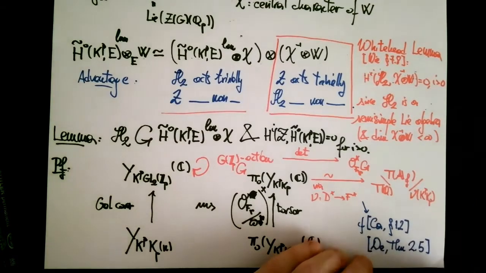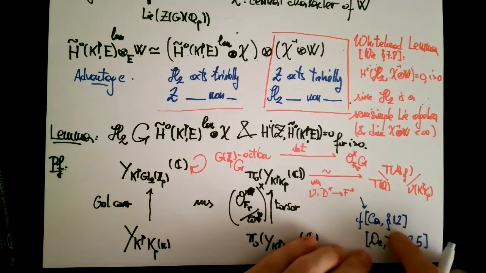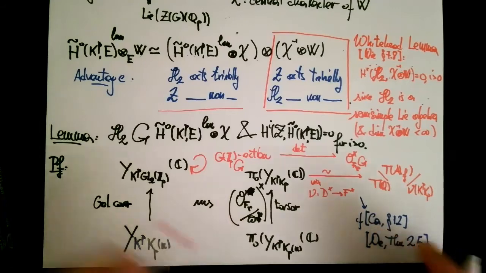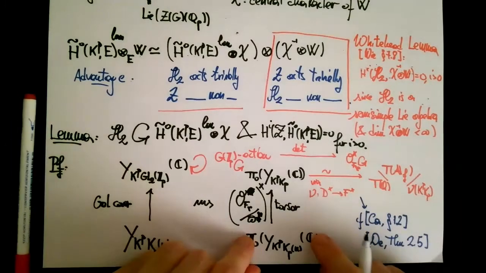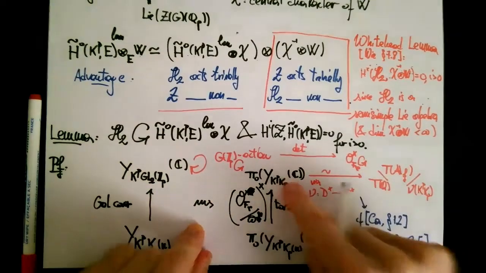I just want to recall that this reference of Deligne is the Bourbaki talk of Deligne about the work of Shimura. And this is the Compositio paper of Caraiol on the bad reduction of Shimura curves. All right, so we see that SL2 acts trivially over here.